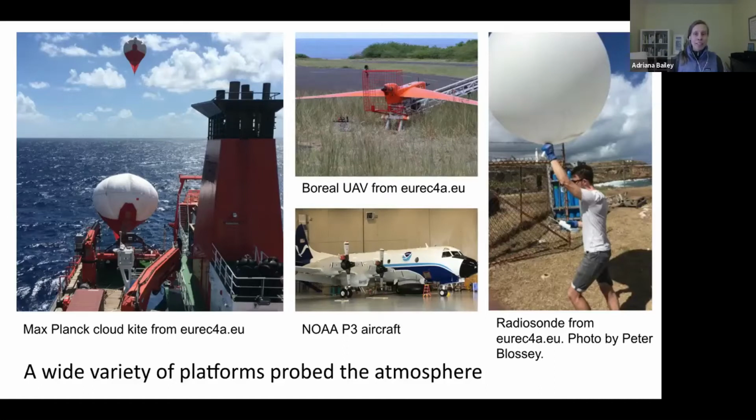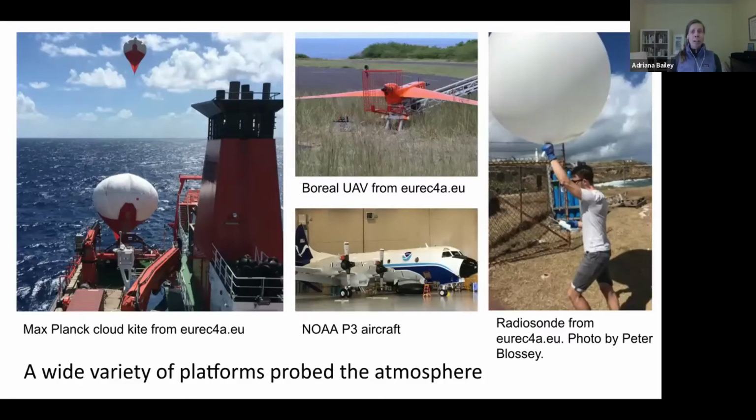Starting on the left-hand side, you have one of the cloud kites that was flown off the ships. In the top center, you have one of the unmanned aerial vehicles that tended to sample profiles close to the island of Barbados. On the right-hand side, there's an image of radiosondes being launched from the Barbados Cloud Observatory. And finally, in the center bottom, there were several large aircraft as well.